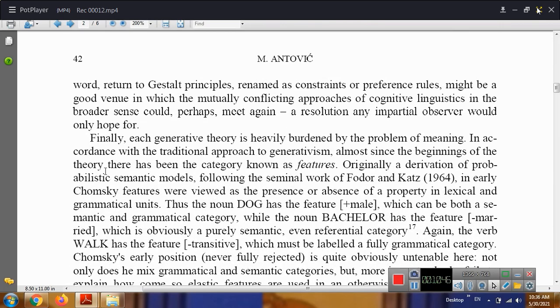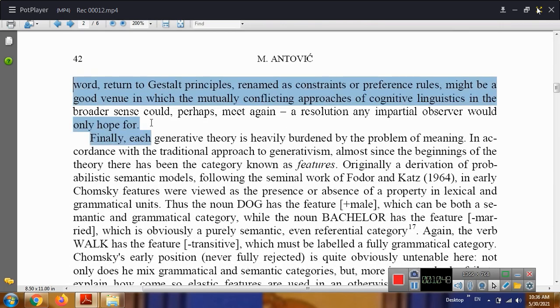In a work, return to Gestalt principles, renamed as constraints or preference rules, might be a good venue in which the mutually conflicting approaches of cognitive linguistics in the broader sense could perhaps meet again, a resolution any impartial observer would only hope for.